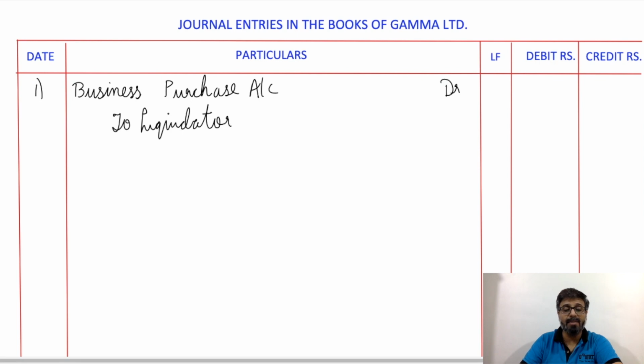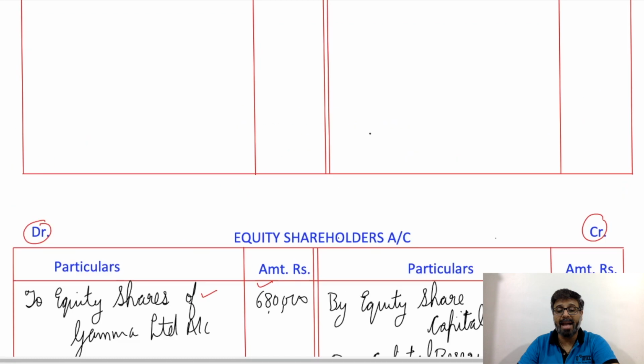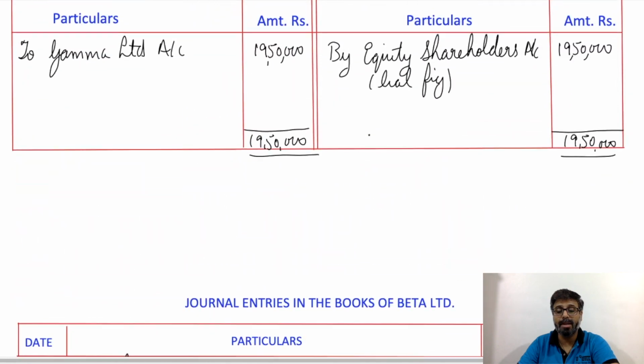Now here there are 2 transferor companies, so we'll write both: to liquidator of Alpha Limited account, as well as to liquidator of Beta Limited account.